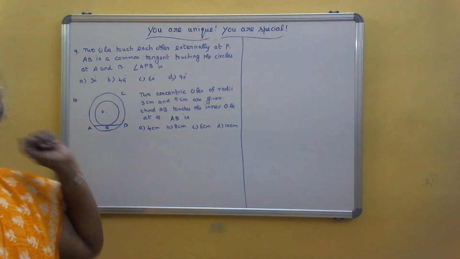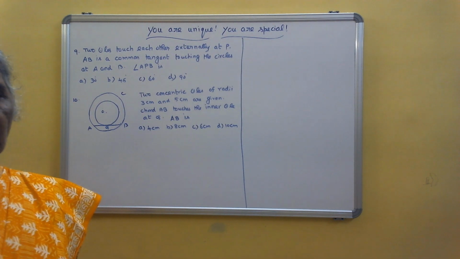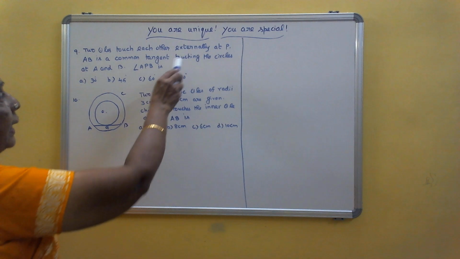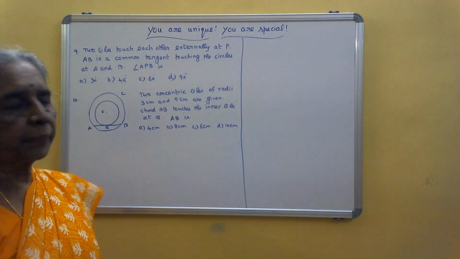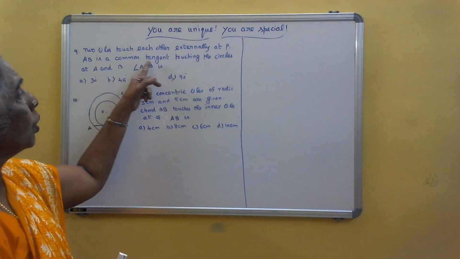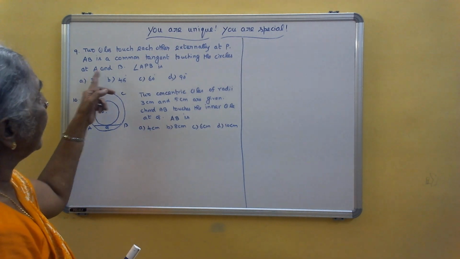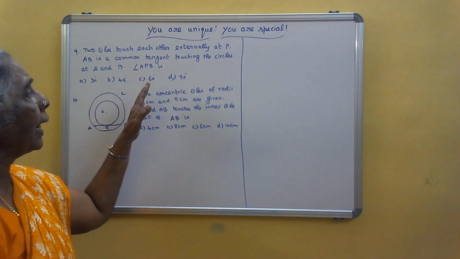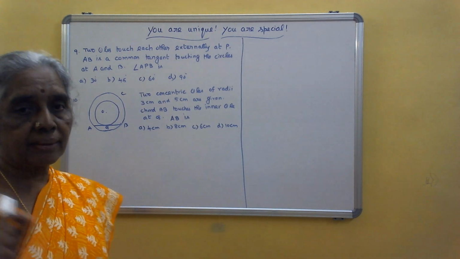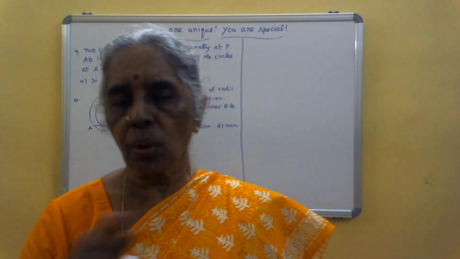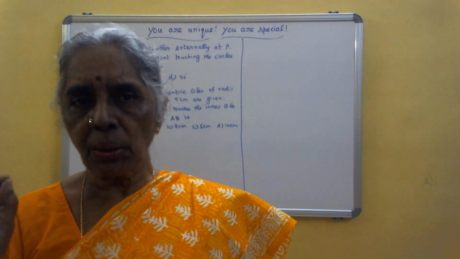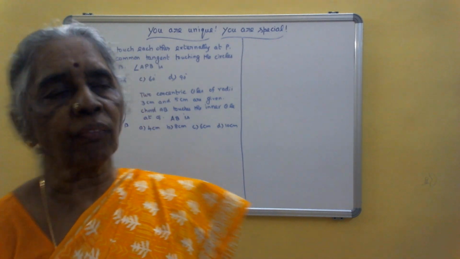The ninth sum. Two circles touch each other externally at P. AB is a common tangent touching the circles at A and B. Angle APB is. Here it is just given two circles. It is not given as equal circles. Each word you have to read carefully.